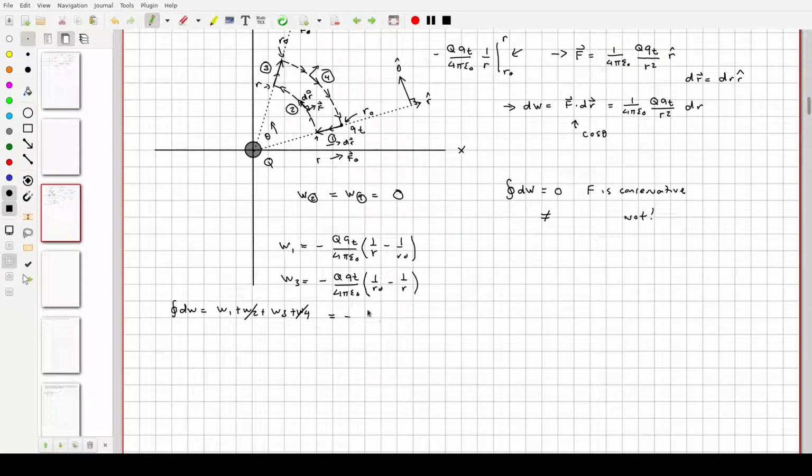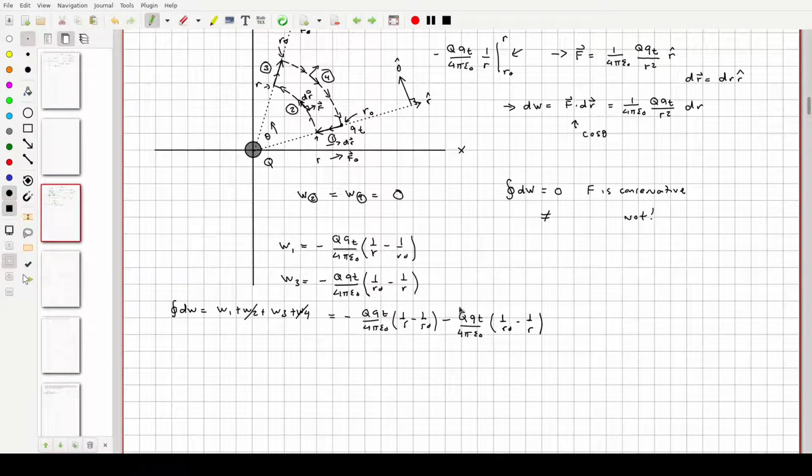W1 is minus Q Q_T over 4 pi epsilon naught, 1 over R minus 1 over R0. Work 3 is minus Q Q_T over 4 pi epsilon naught, 1 over R0 minus 1 over R.